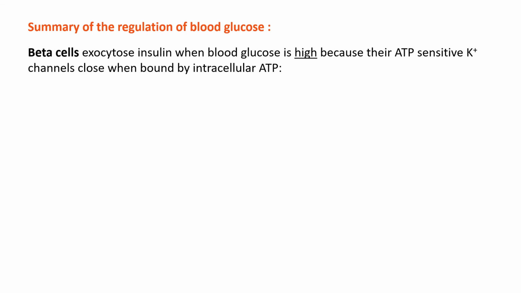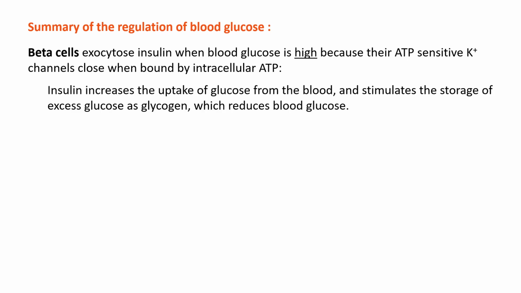Now, beta cells exocytose insulin. They do this when blood glucose is high, because ATP will also be high intracellularly, and their ATP-sensitive potassium channels will close because it is more likely to be bound by this increase in intracellular ATP. That then causes depolarization, the opening of calcium channels, influx of calcium, interaction with the cytoskeleton, and exocytosis, in this case of insulin.